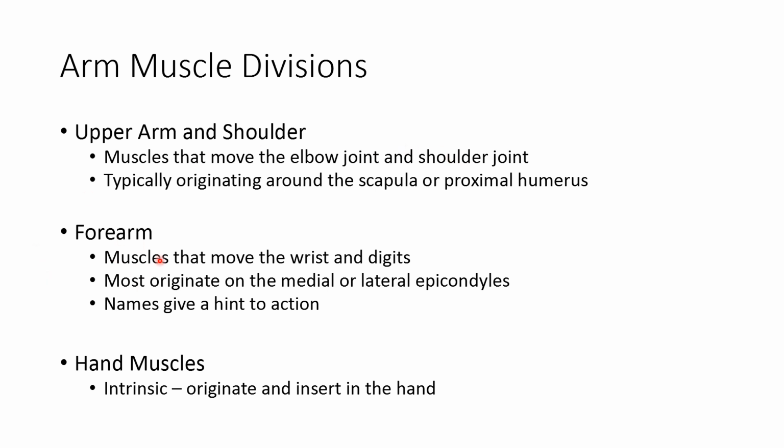When it comes to the forearm muscles, as we talked about in lecture, we do have compartments. We have the anterior compartment, which is primarily going to cause flexion of the wrist and digits. And then we have our posterior compartment, which is primarily going to have extension of the wrist and digits.